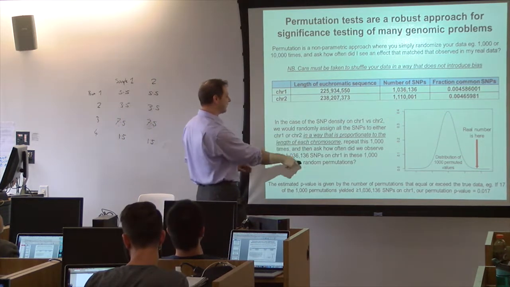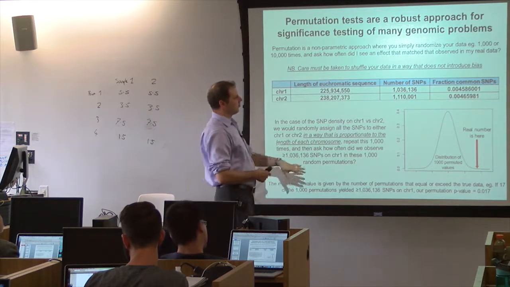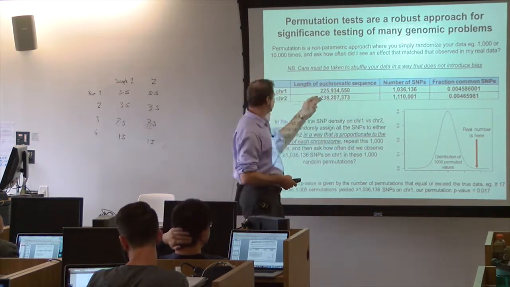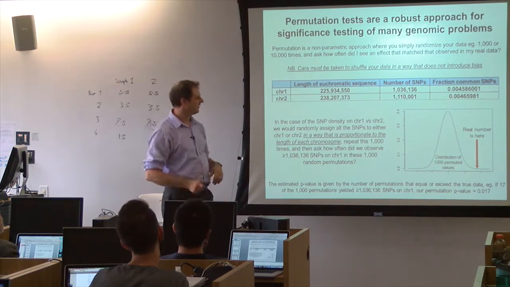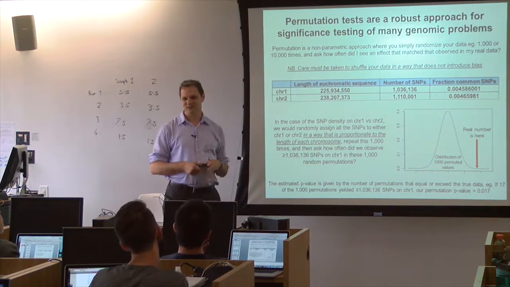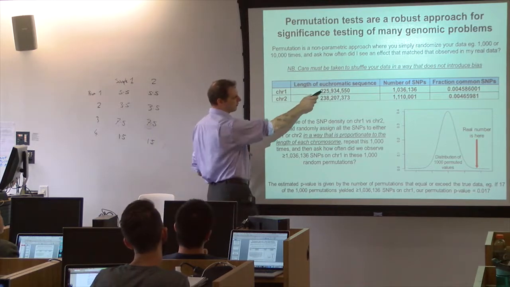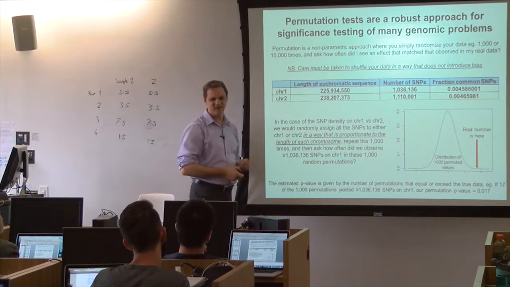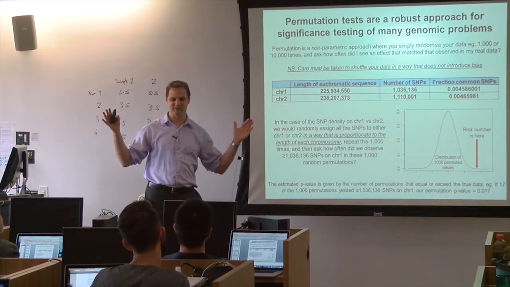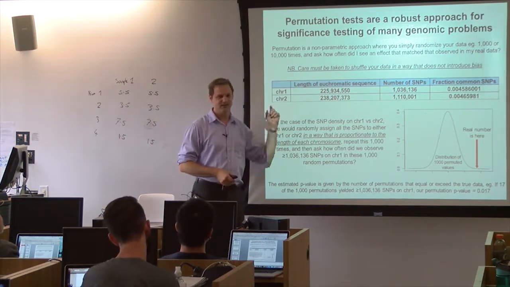So in the case of this SNP density, rather than taking all these SNPs and just randomly saying, well, we had 2 chromosomes, so we randomly assigned chromosome 1 or chromosome 2, that's going to create a bias. Because even though I had 2 chromosomes, they aren't of equal length. Chromosome 2 actually has some more euchromatic sequence on it. It's a bigger fraction of the total search space than chromosome 1 is.